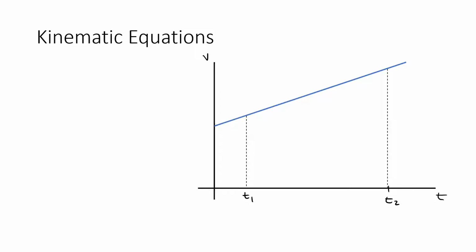So I said earlier that the area under the curve can tell me the displacement. But if this car is accelerating, getting faster and faster, that line is not as easy to find the area underneath. So how do we do that?